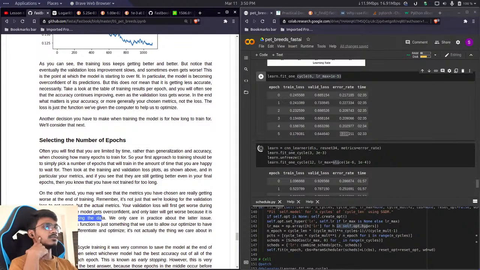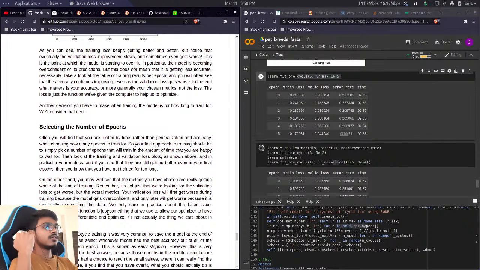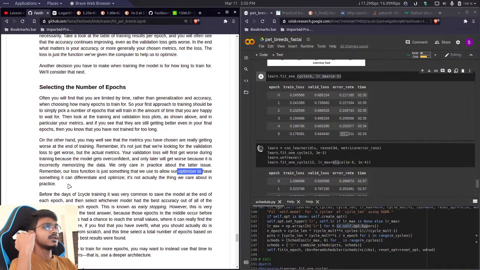Okay, so how do we prevent our model from incorrectly memorizing the data? Remember, our loss function is just something that we use to allow our optimizer to have something it can differentiate and optimize. It's not actually the thing we care about.